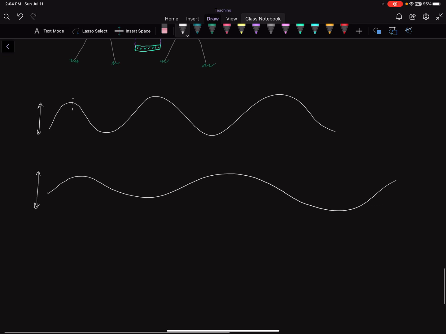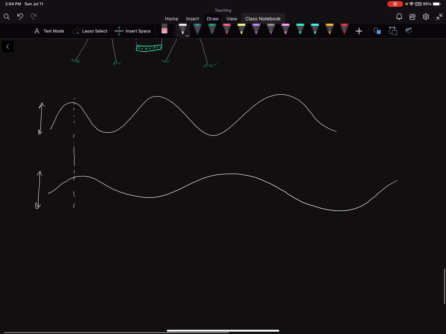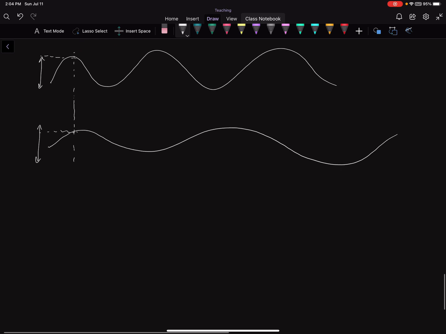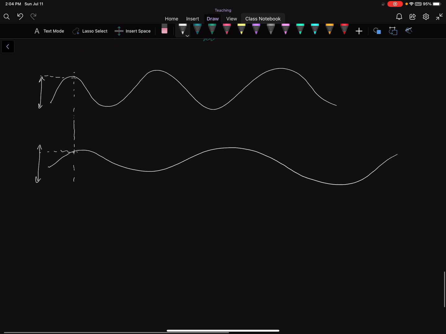Right around here, if you add up whatever the displacement is, so what this y value is and what this y value is, you might have one of the highest additive waves that are the addition of these two waves. And then perhaps, let's look for another spot.